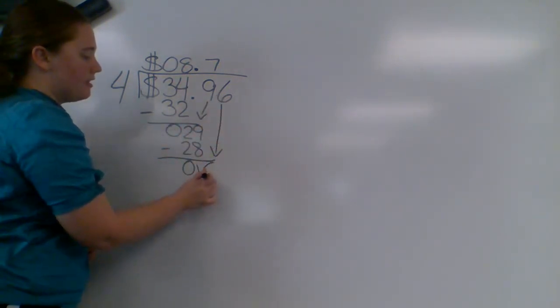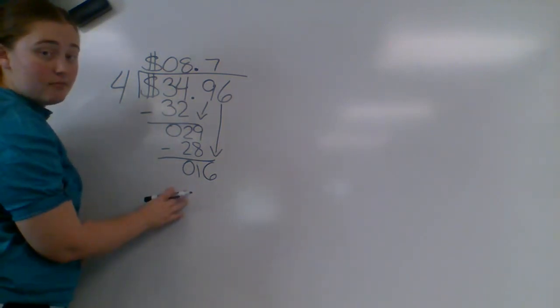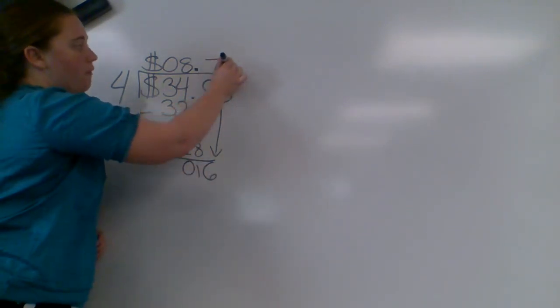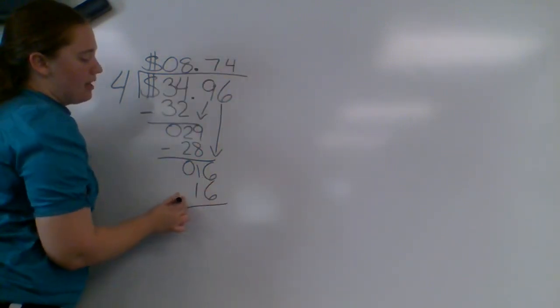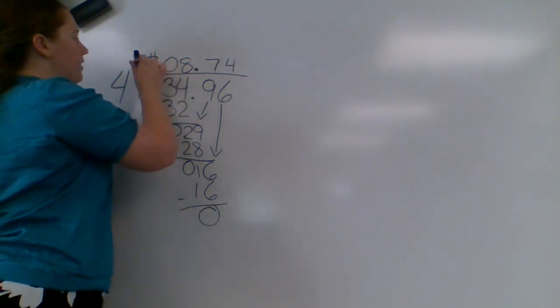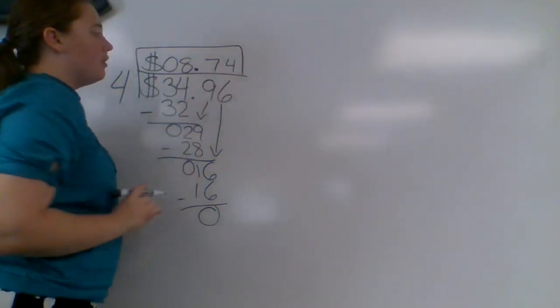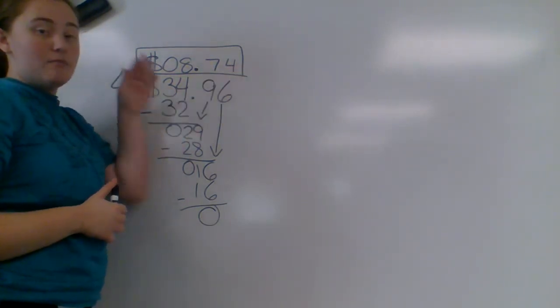Carry down the 6. We have 16. 4 will go into 16 how many times? 4. 4 times 4 is 16. And 16 minus 16 is 0. So my final answer is $8.74. That's how much they have spent on the video game.